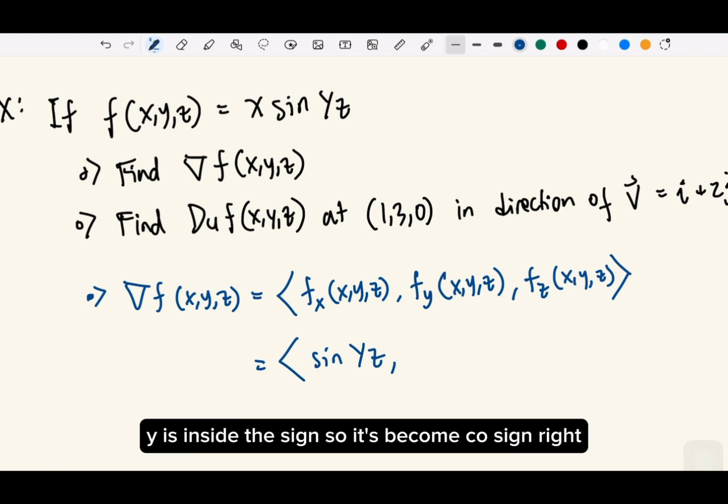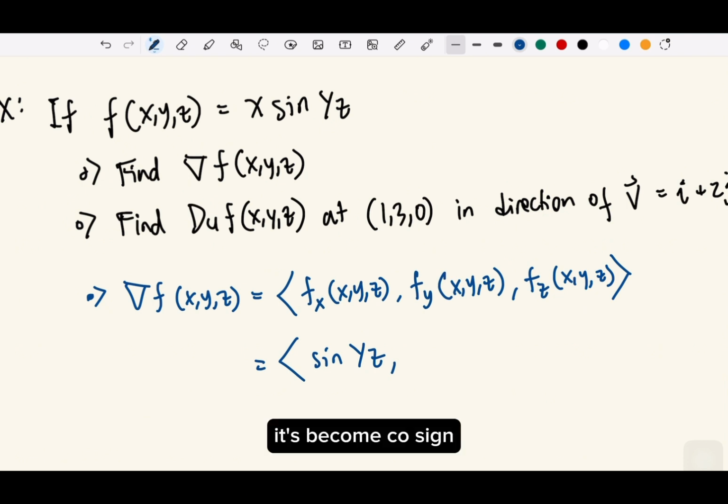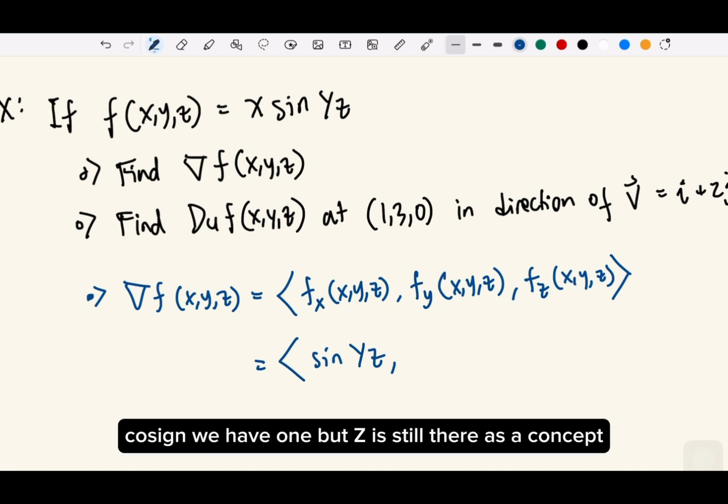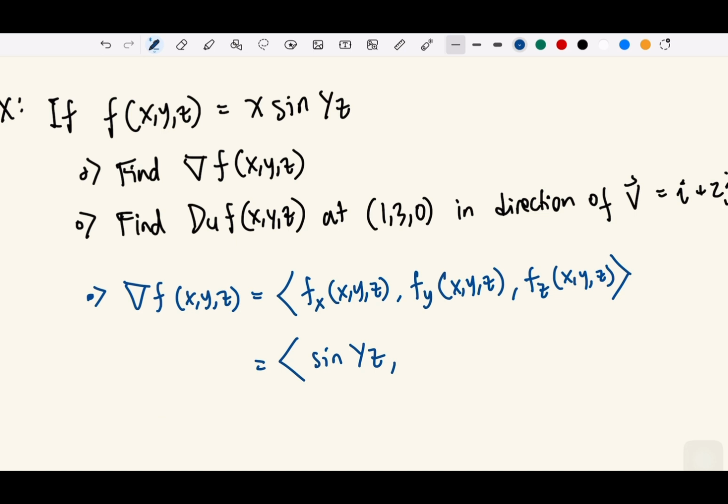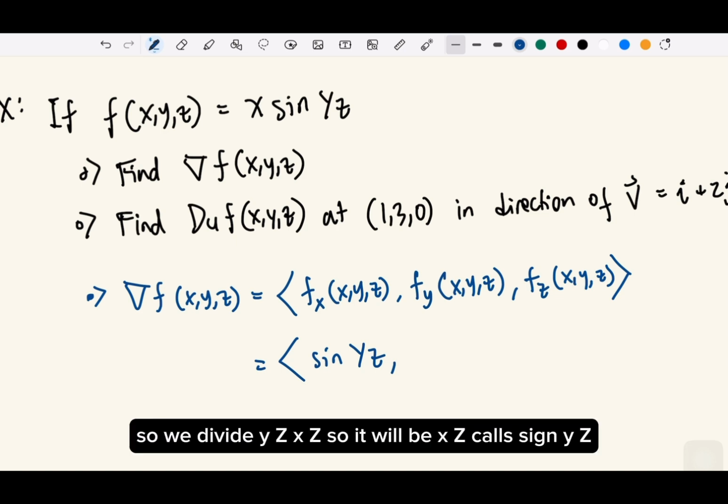Y is inside the sine, so it becomes cosine, and we have cosine yz, but z is still there as a constant, and we have a chain rule, so we derive yz as z. So it will be xz cosine yz.